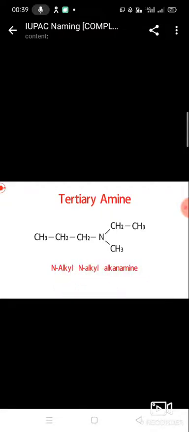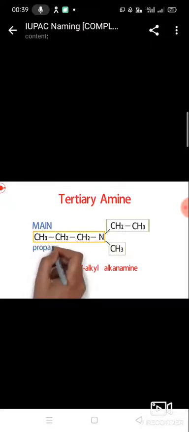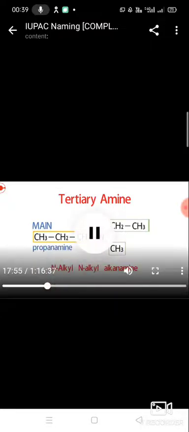Tertiary amine: N-alkyl alkanamine. Tertiary amine means 3 carbon groups are attached to nitrogen. So here 2 are attached, one is CH3, another one is CH2 CH3. So 3 carbon atoms are there in the main chain, so propanamine, and in that what is present? On one side ethyl is there, on another side methyl is there.